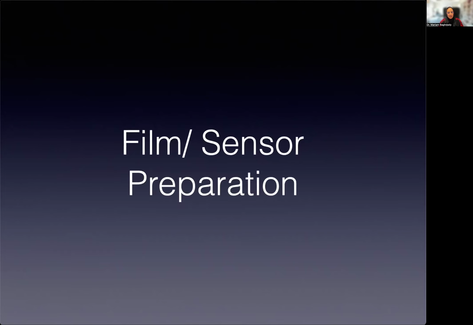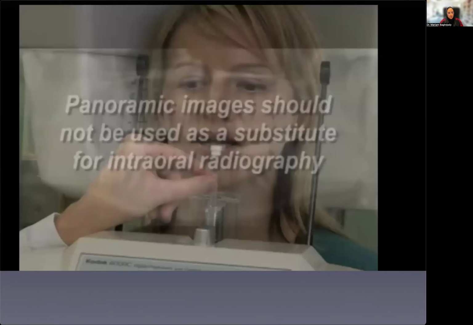So we talked about sensor preparation. This one is something that I think I already taught. I'm not going to show the video on this one because we just saw it. So basically what we're doing with the sensor preparation is we're going to make sure that the sensor is in its position. And when the patient comes in, I'm going to set the machine to how tall the patient is. If I'm going to walk in, it's going to be very different than another patient that walks in.